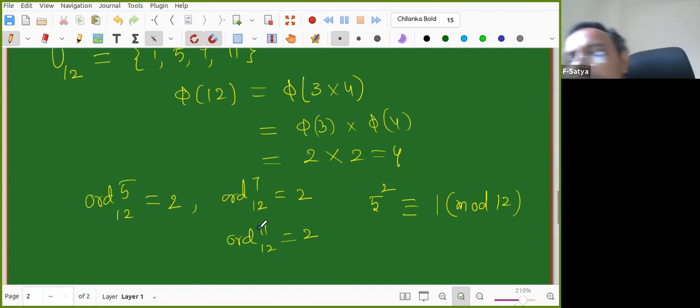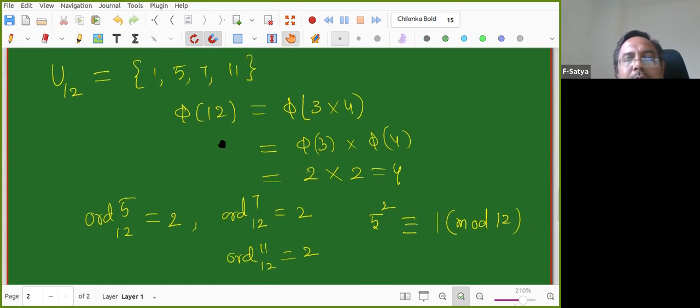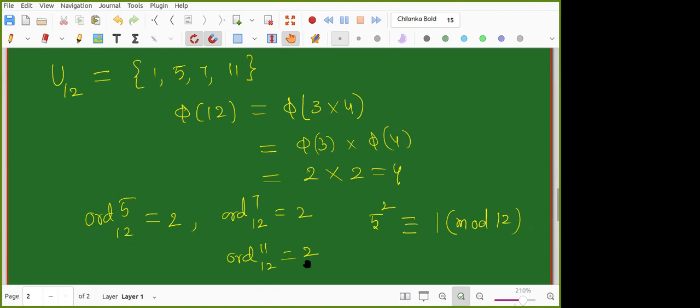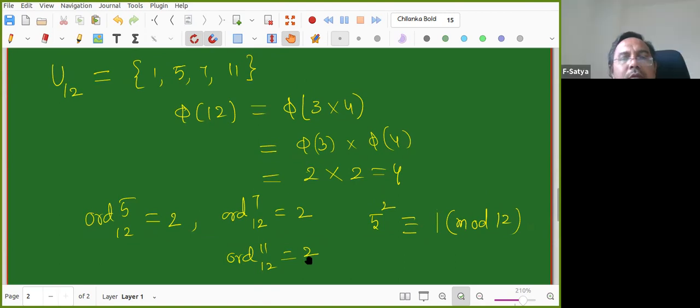So is it necessary for us to check that 11's order is also 2? I want to check your knowledge now, how smart you are. Why is there no need to check that the order of 11 is 2? Any one of you? The order of 1 is 1. I am asking the order of 11.